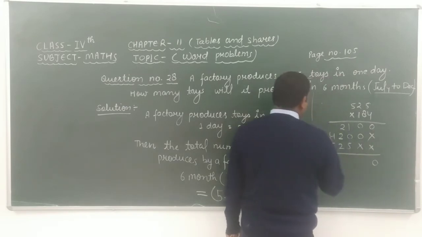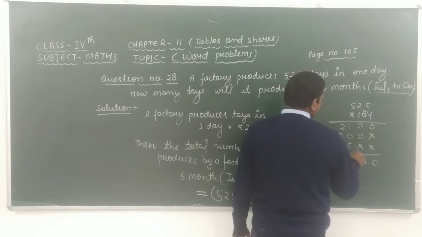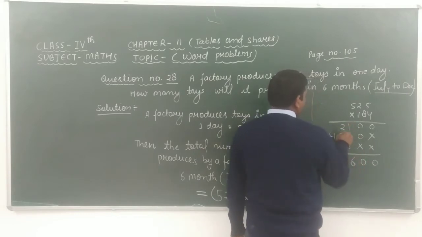After adding these we get 0, 0, 5 plus 1 is 6, 2 plus 2 plus 2 is 6, and here 5 plus 4 is 9.